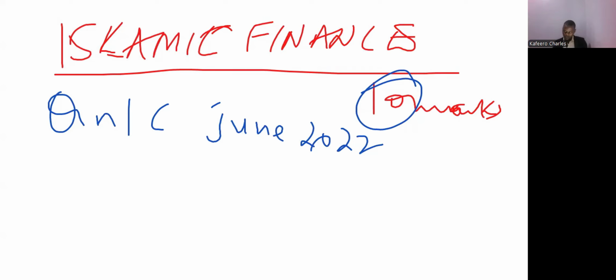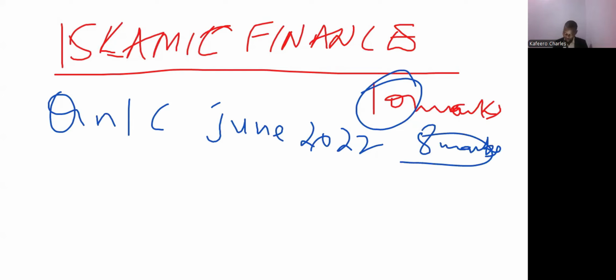So such questions were asking the benefits that a company would derive in using Islamic finance and the likely drawbacks it would face, and they gave it 8 marks.